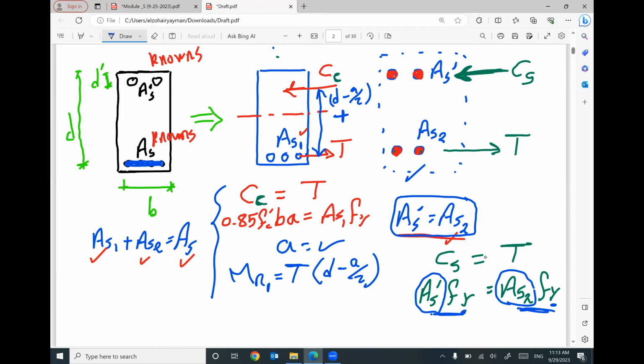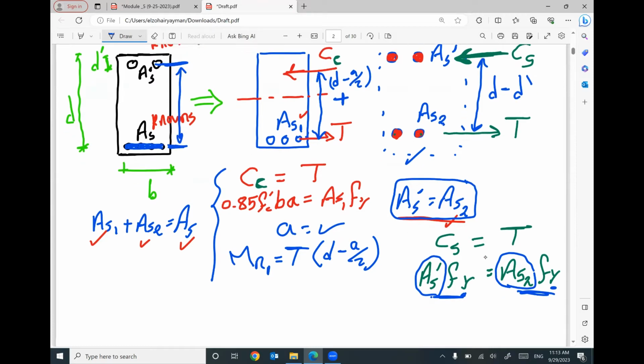And keep in your mind the distance between the two forces is d minus d prime. The distance between this steel rebar and this steel rebar is d minus d prime. So the nominal moment for part number 2 equals capital T, this one, times d minus d prime.